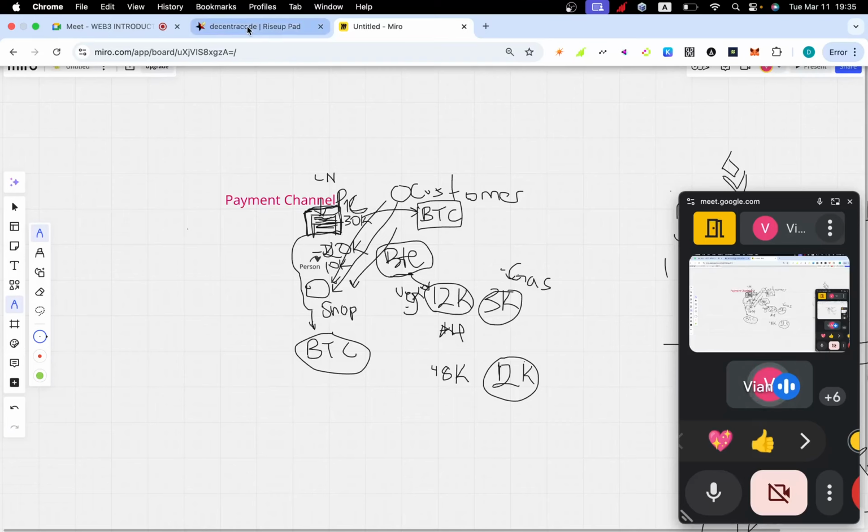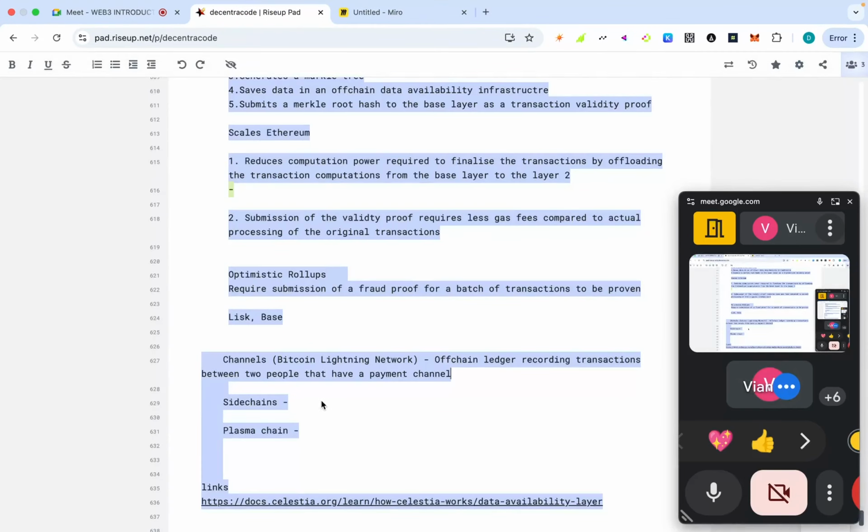And essentially that's how it works. And it scales Bitcoin. Okay, not just Bitcoin, that's just an example of how a channel works. How it scales the base layer is, one, the transactions aren't processed in real time, and also it reduces the gas fees that are required for those transactions to be processed.